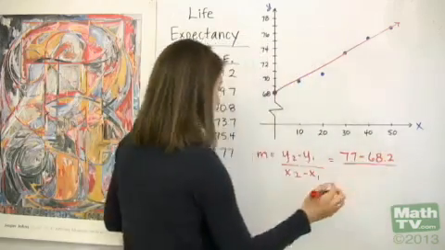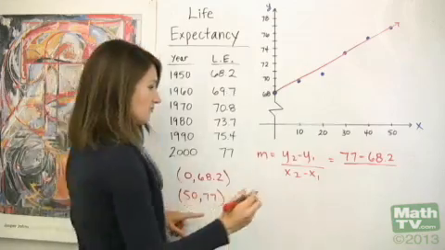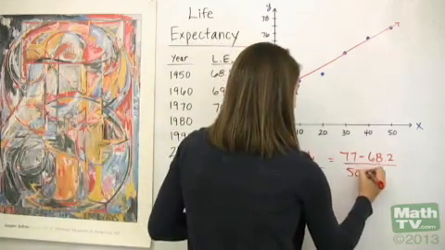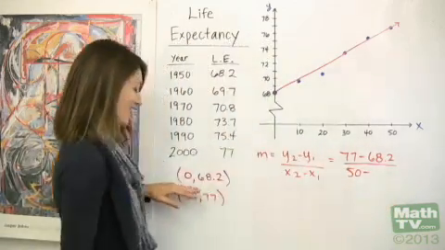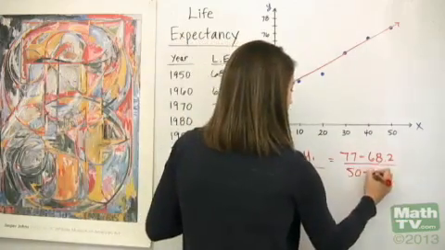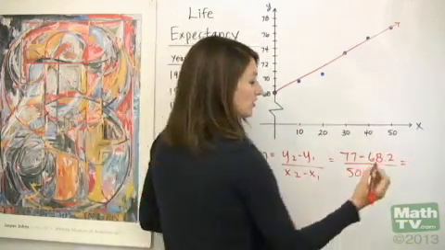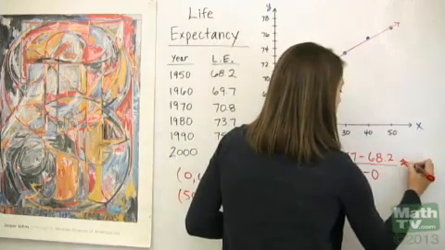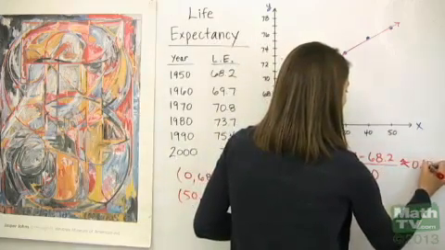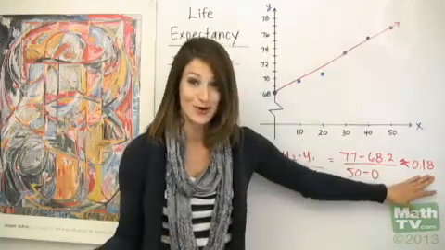We put that over our x2 value, which is 50, and we subtract our x1 value, which is 0. Now when you simplify this expression here, you're going to get a value that's approximately 0.18. And then there's our slope m.